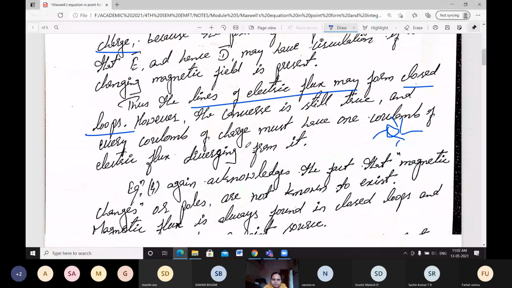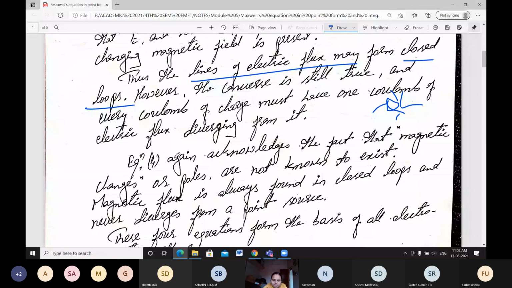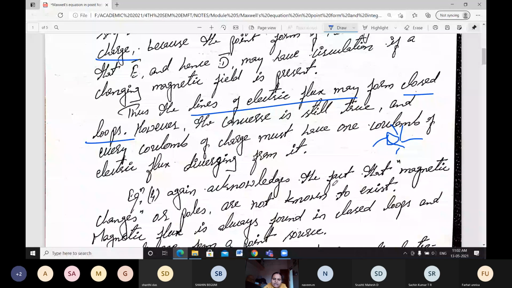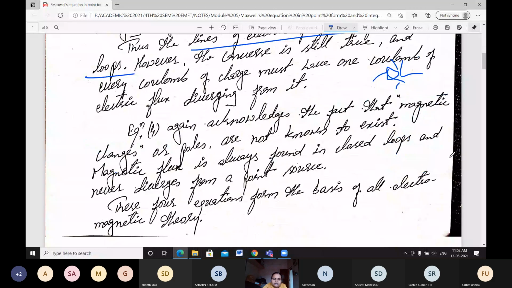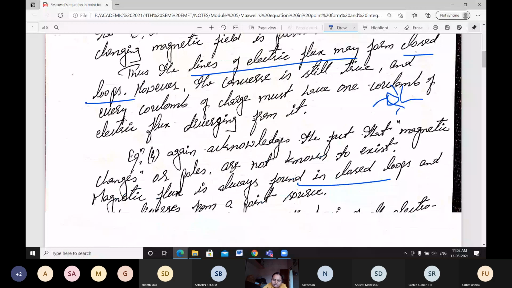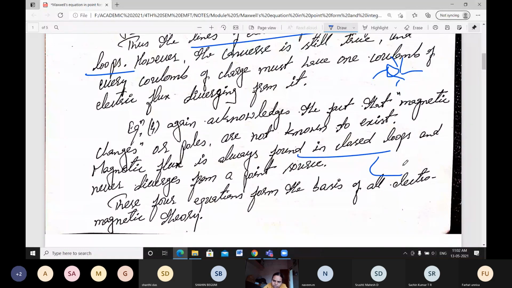Next, equation 4 acknowledges the fact that magnetic charges or poles are not known to exist. They may exist or they may not exist. Magnetic flux B is always found in closed loops and never diverges from a point source.